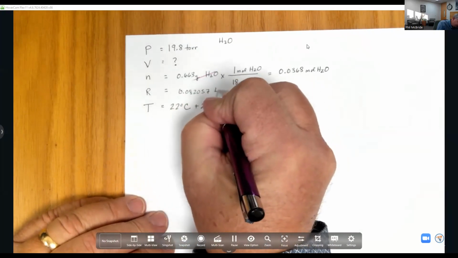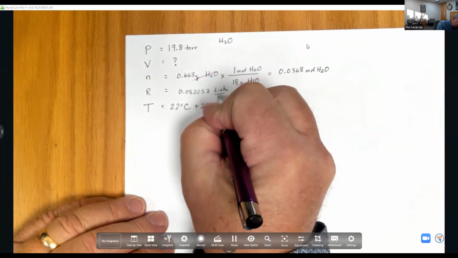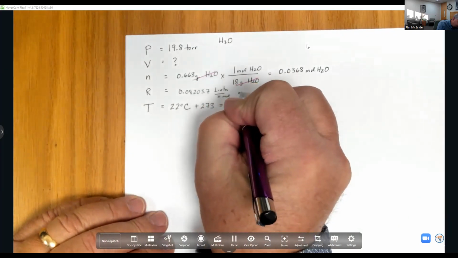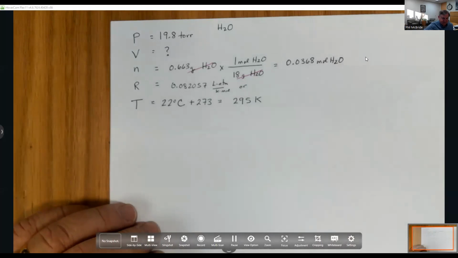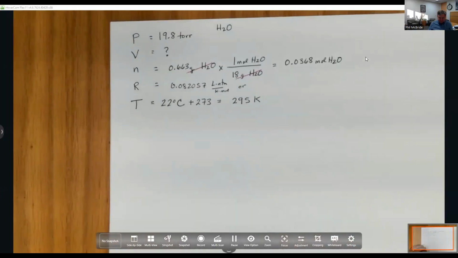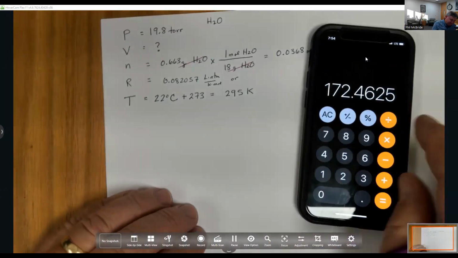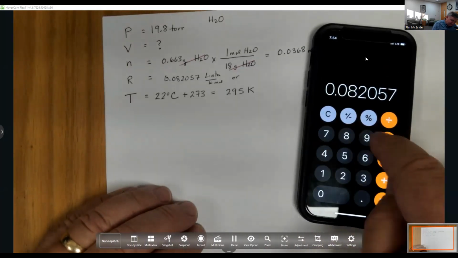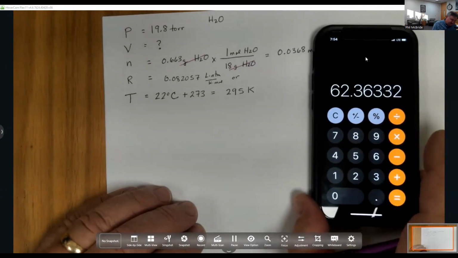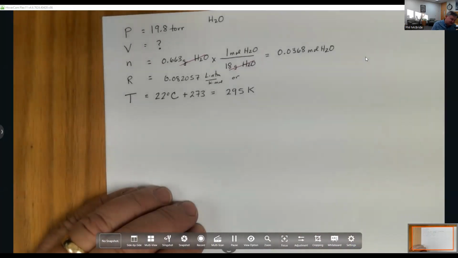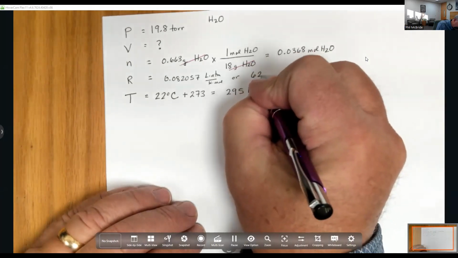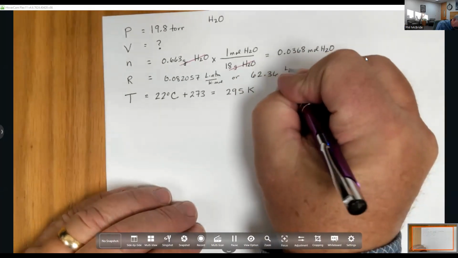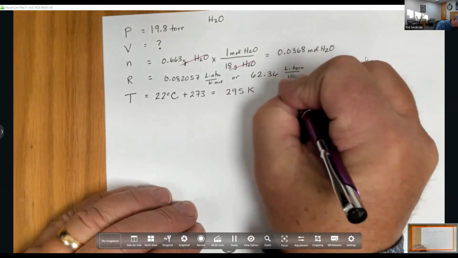0.082057 liters atmospheres per Kelvin mole, or 62.36 liters torr per Kelvin mole.